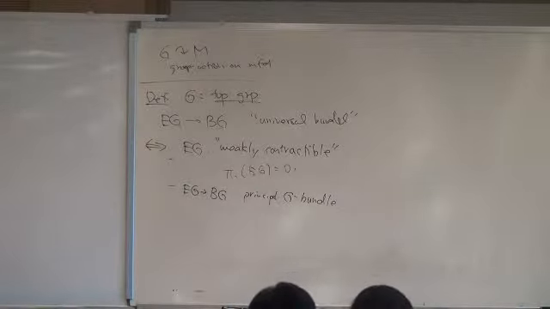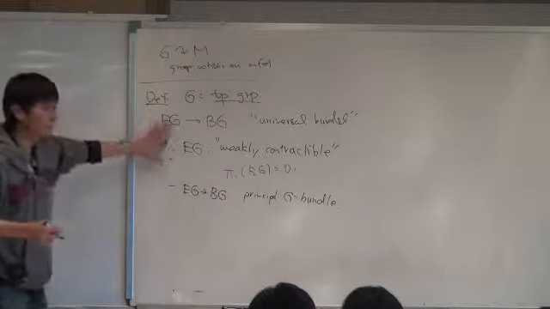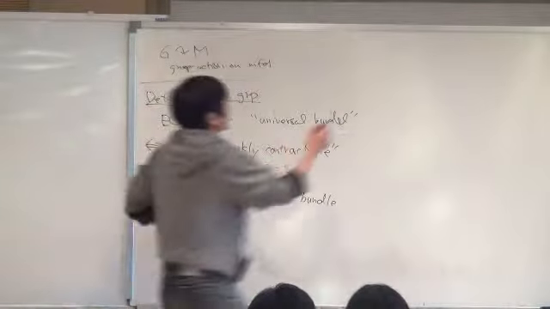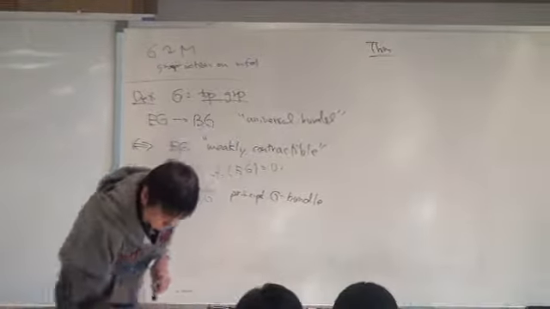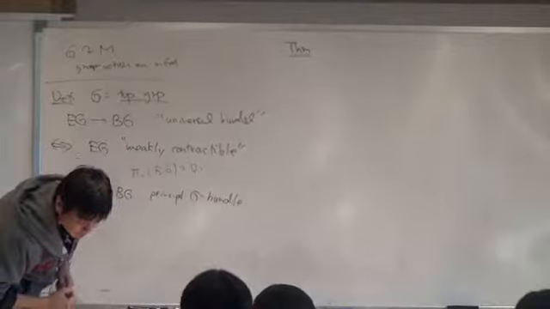Okay, so this is just a definition, and I don't really say whether this kind of thing actually exists for any topological group or not. But why do we define this thing? The theorem, which is not so difficult to prove from this definition, is this.